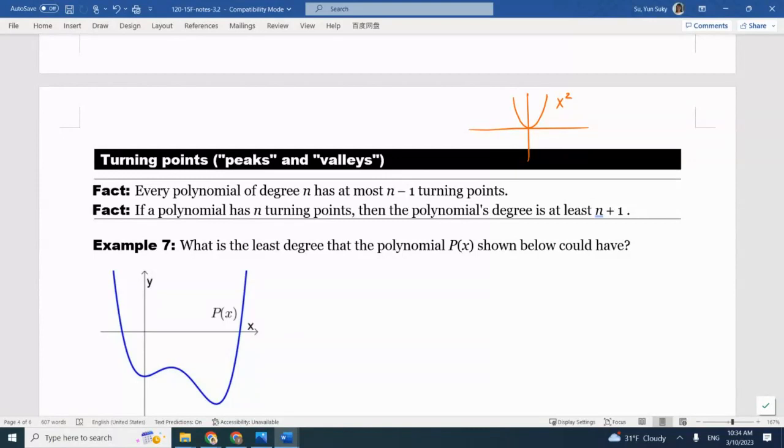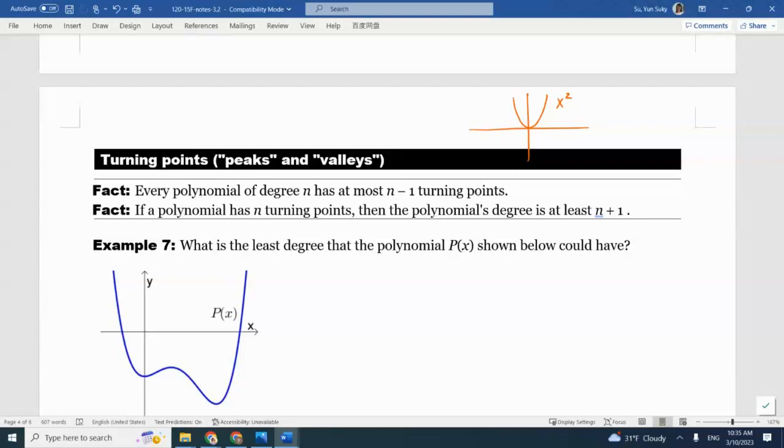You use this example so you can remember which one is bigger, which one is smaller. Okay, the number of turning points is at most the degree minus 1. So every polynomial of degree n has at most n minus 1 turning points.